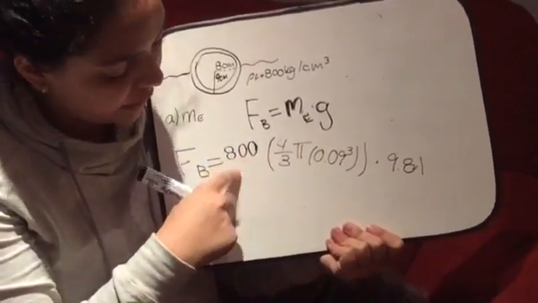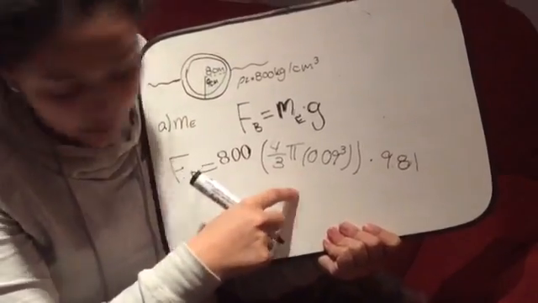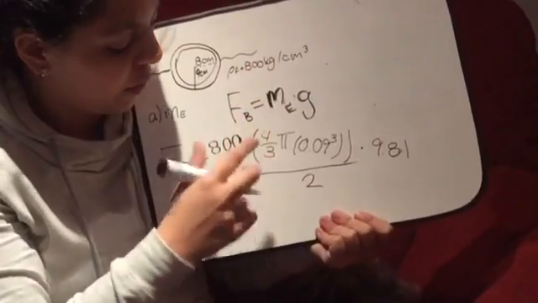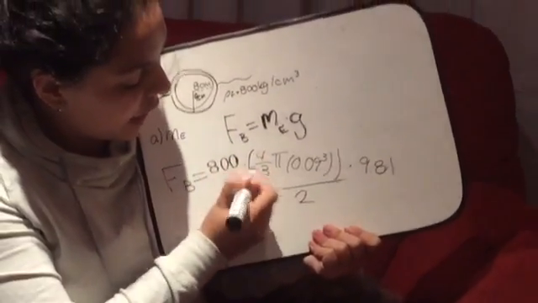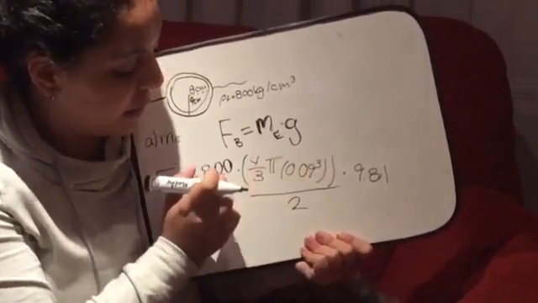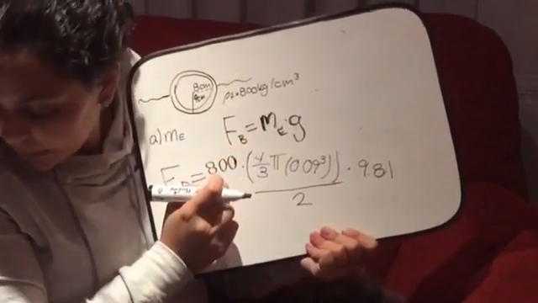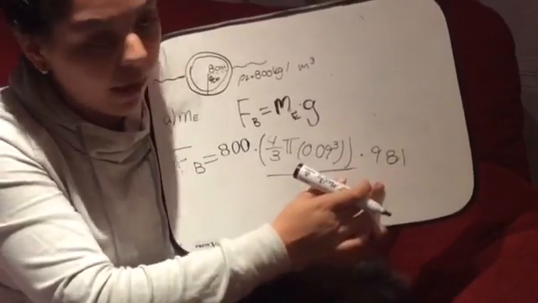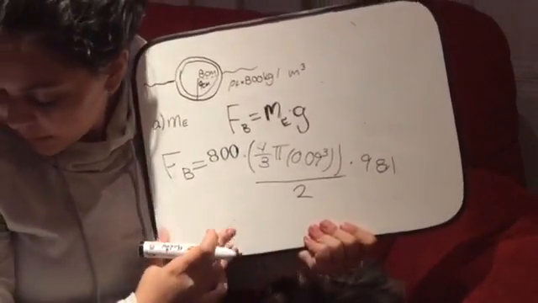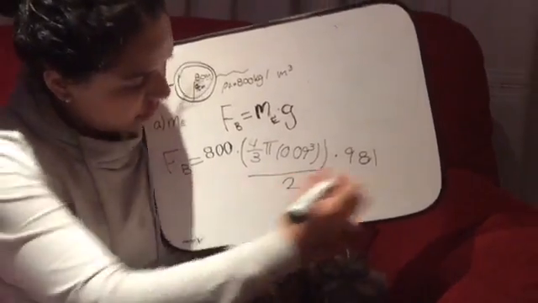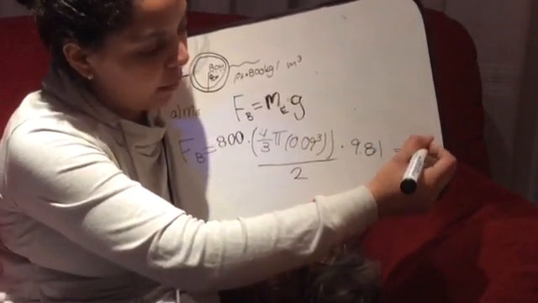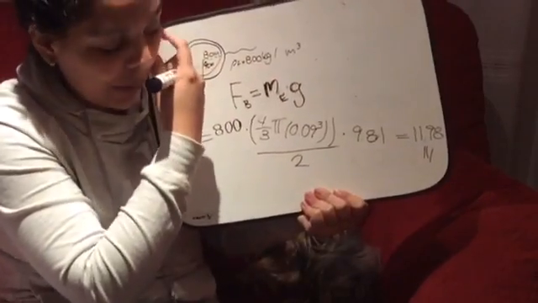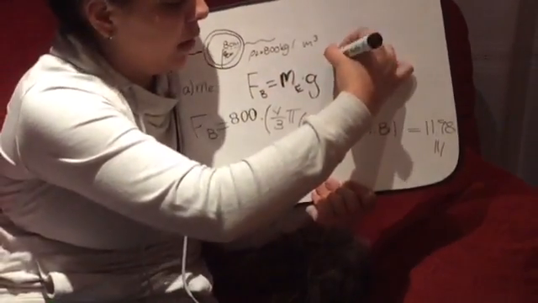So we have the density times the volume, and this divided by 2 because it's only half of the sphere inside the liquid. So we have the density times the volume of the sphere, in cubic meters, times the gravity, which is 9.81, and this gives us a result of 11.98 newtons.